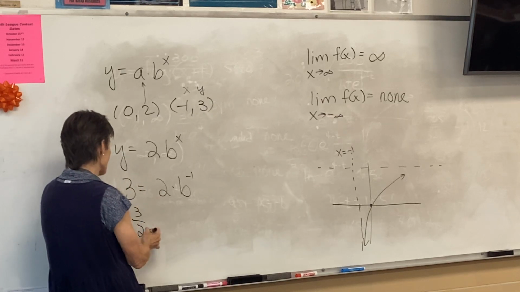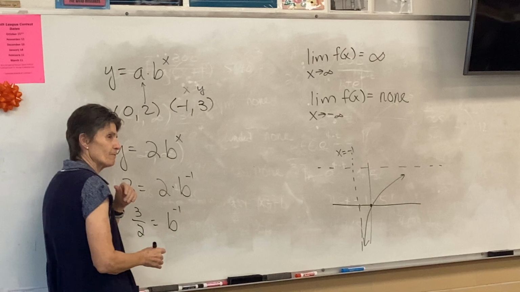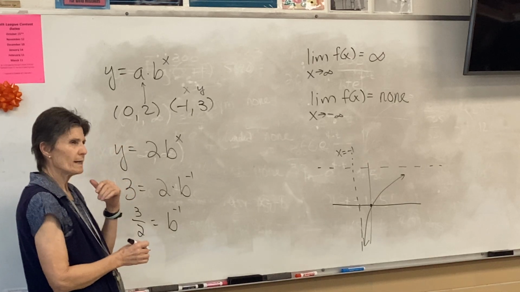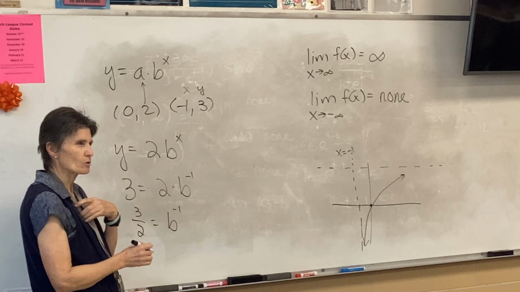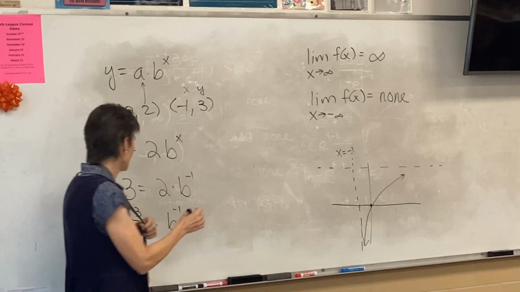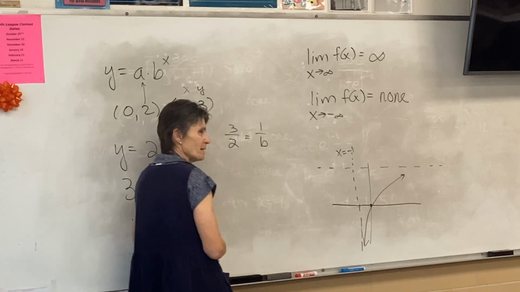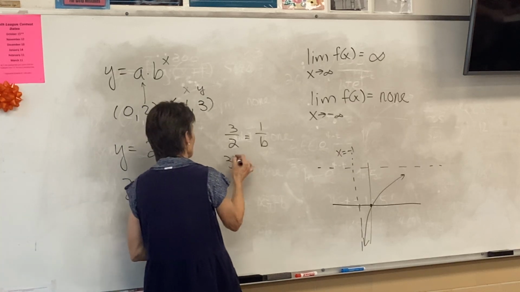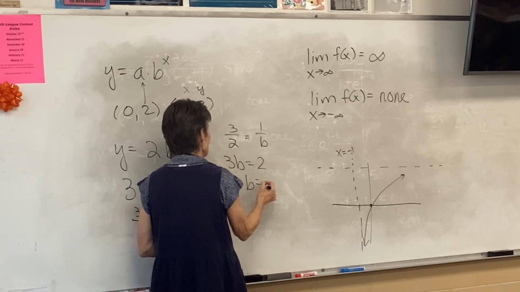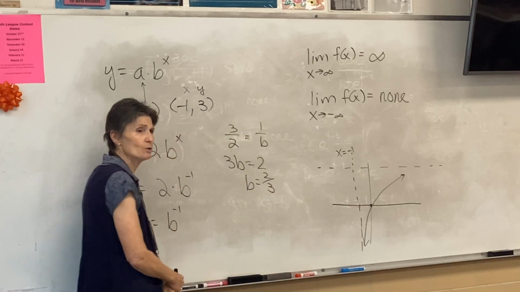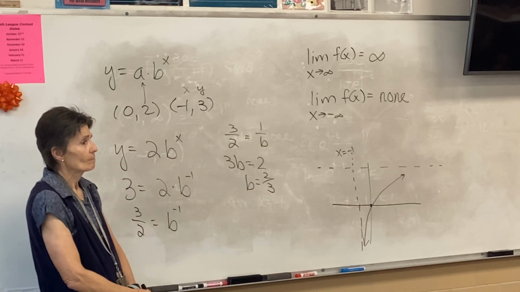All right, so what do we got? 3 halves equals b to the negative first. What does b to the negative first mean? 1 over b. So 3 halves equals 1 over b. Cross multiply. So 3b equals 2 and b equals 2/3.